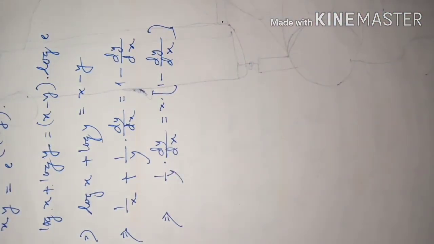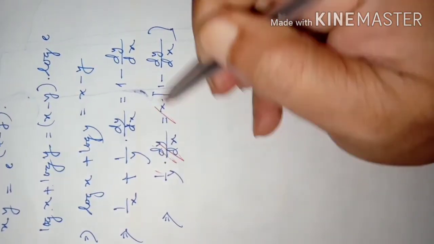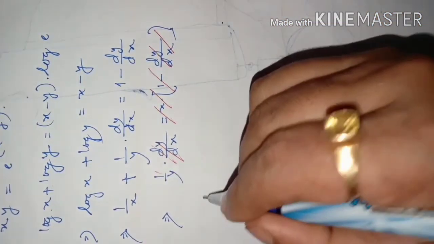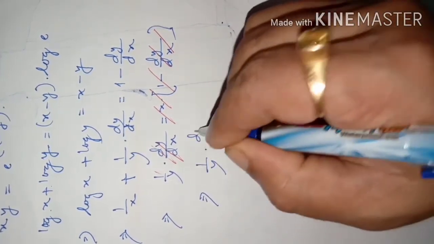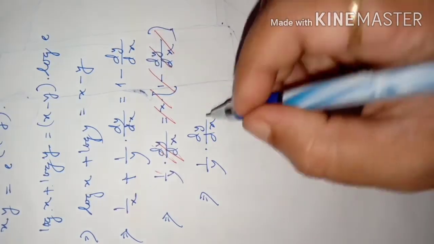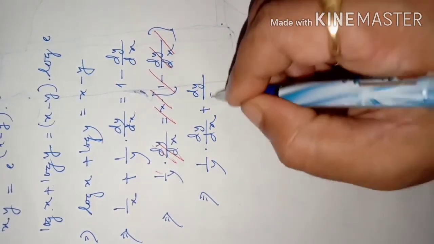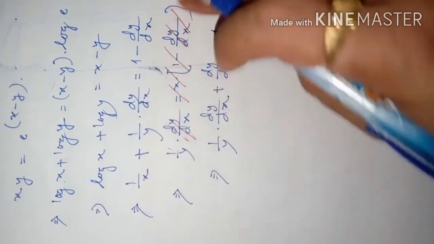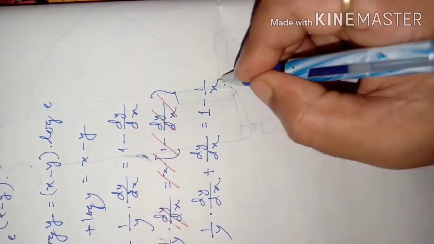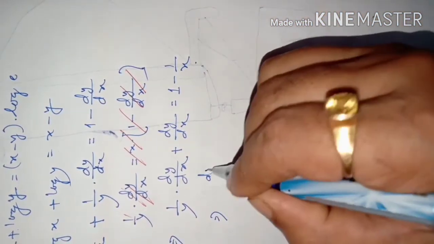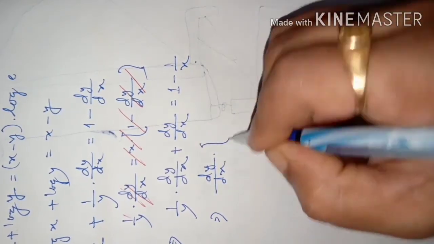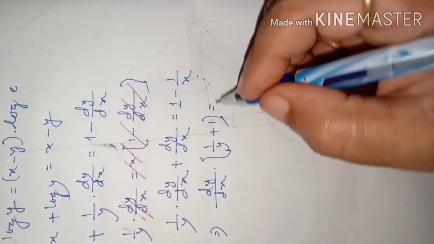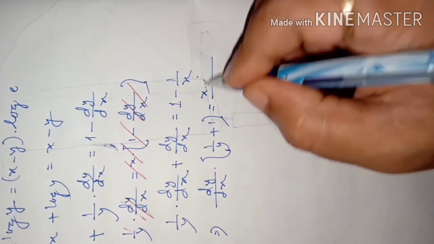Instead of writing like this, we can combine dy by dx, because we are looking for dy by dx only. Let us not write like this. Dy by dx means taking this one to right hand side. So we will write like this: 1 by y into dy by dx. This will come here, so plus dy by dx, because our target is what? Dy by dx, no? So it is equal to here 1, and this 1 by x is taken to right hand side, it will be minus 1 by x. So then from here dy by dx is common, it will be 1 by y plus 1 is equal to x minus 1 by x.